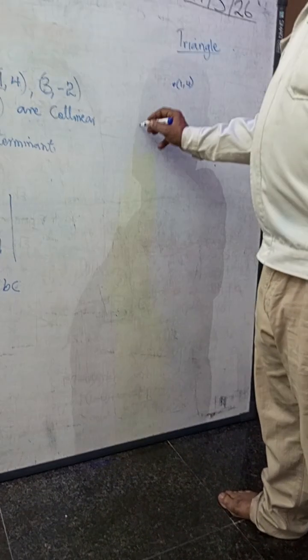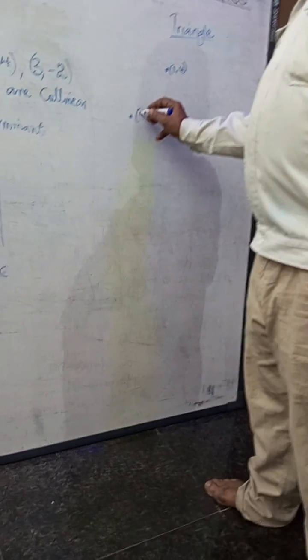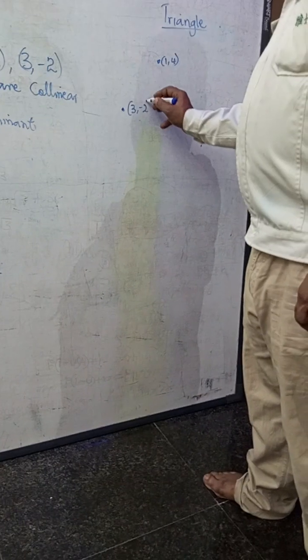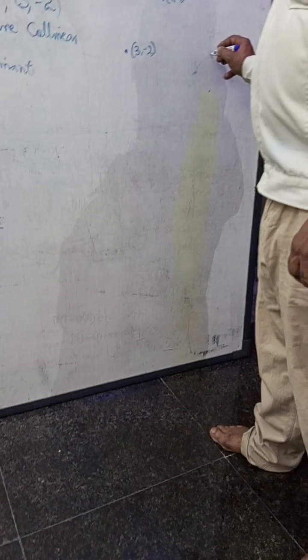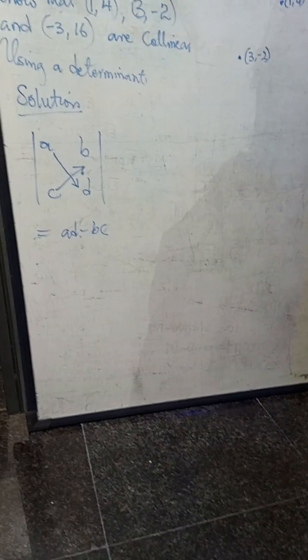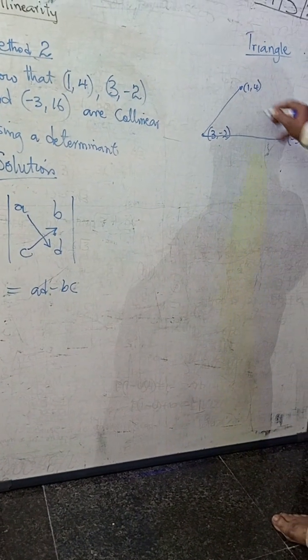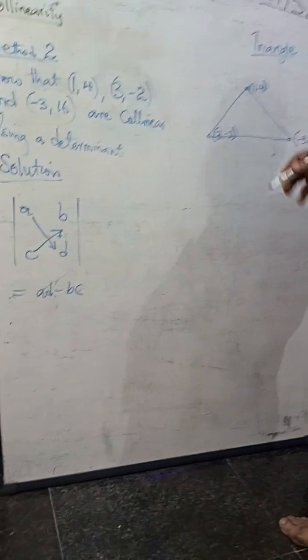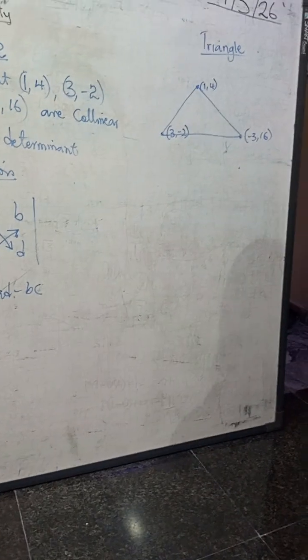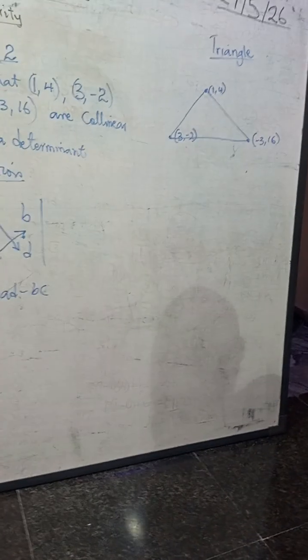Then we have another point with the coordinate 3, comma negative 2. Then we have another point here with the coordinate negative 3, comma 16. So we join these 3 points together, we have a triangle. To find the area of this triangle, we have to use determinants.